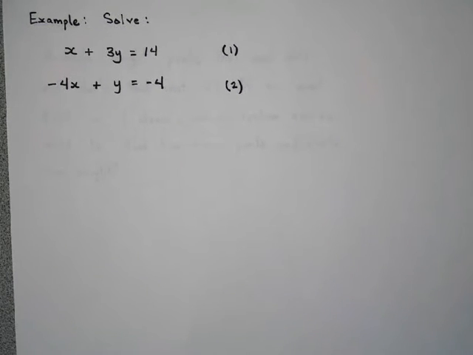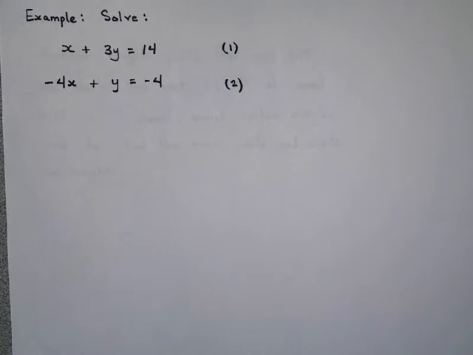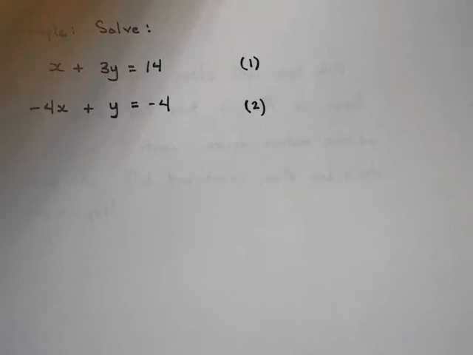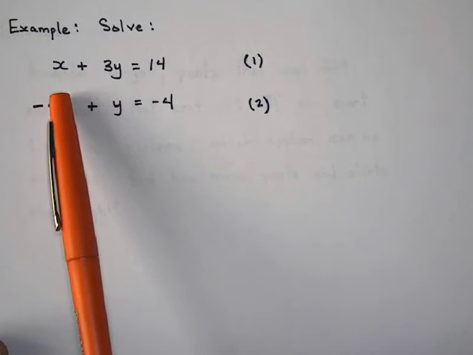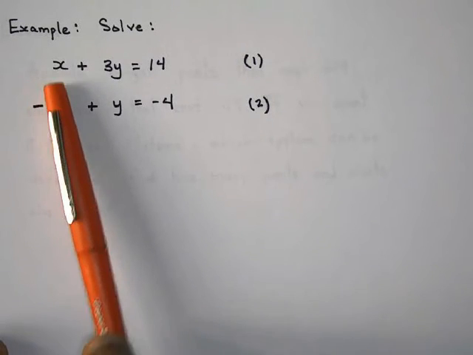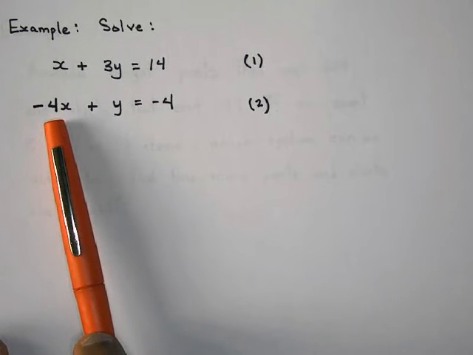And so the idea here is that we want to eliminate, or at least bring these equations to one variable. So notice we have two variables to solve for. It'd be nice if we could just bring this down to one. That might be a little bit easier to work with. So in doing so, I'm going to look at both equations very carefully. I'm going to look at my x's, and I have an x here and a negative 4x here.